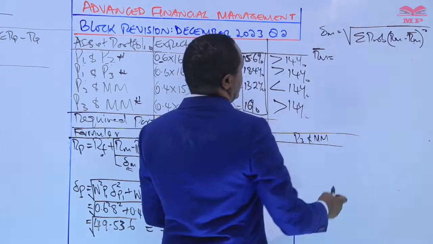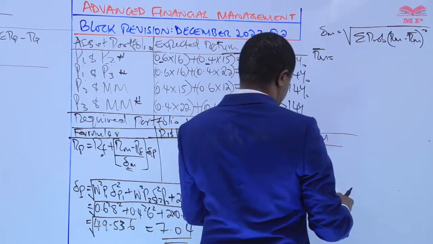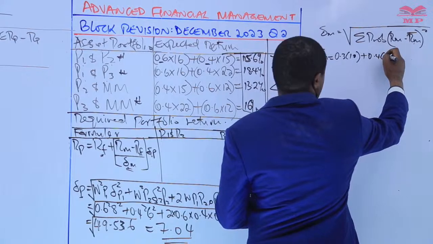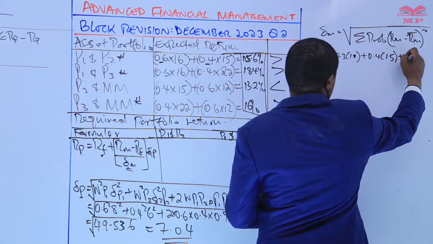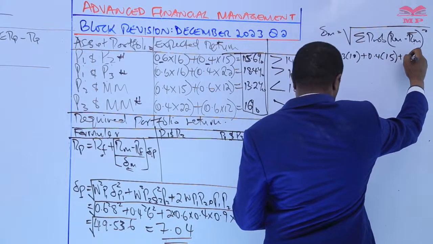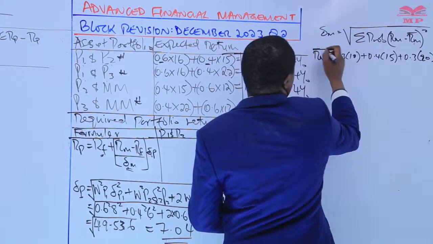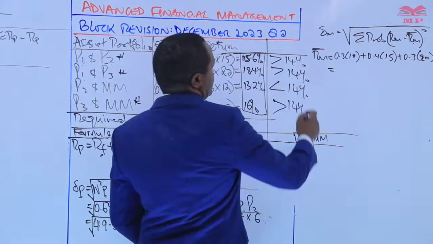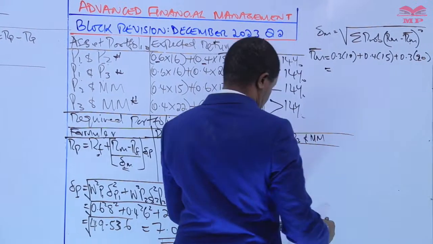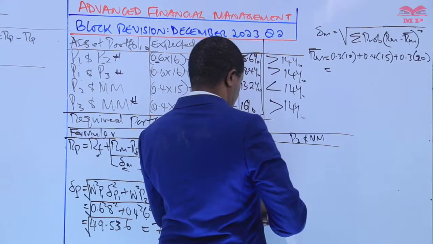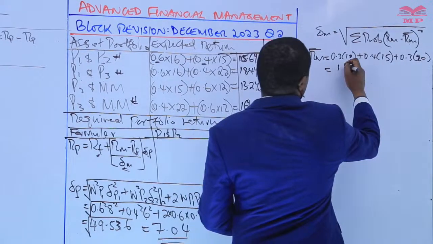And therefore, the expected rate of return here will be 0.3 times 10 plus 0.4 times 15 plus 0.3 times 20, which is equal to 15%.